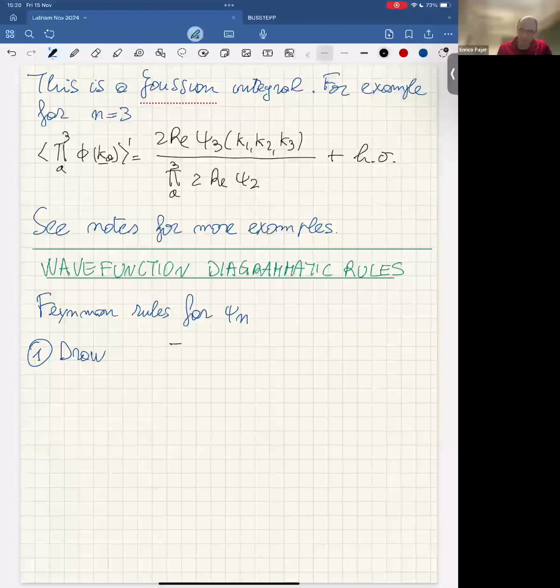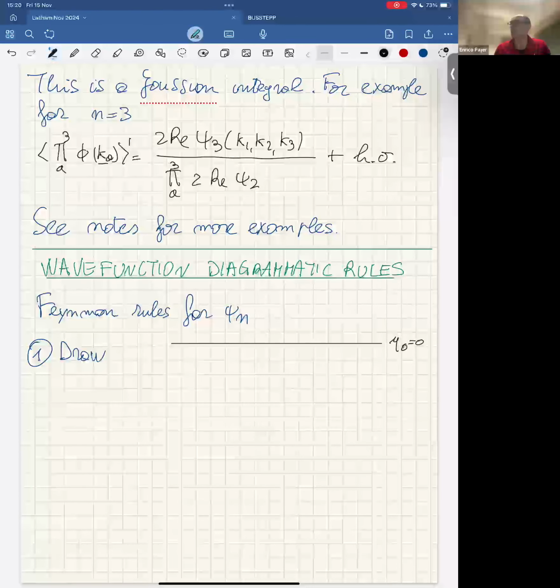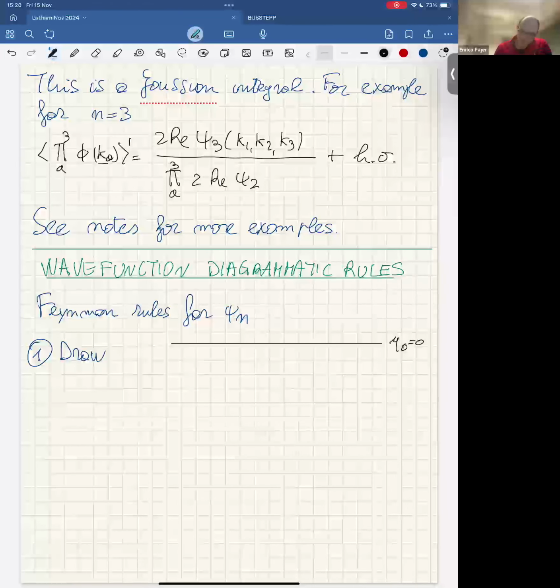So the first rule, as always, is you draw a line. This line represents time. For us, time will be eta 0, which I'll sometimes set to 0. That line just represents that I'm computing this wave function at some time.